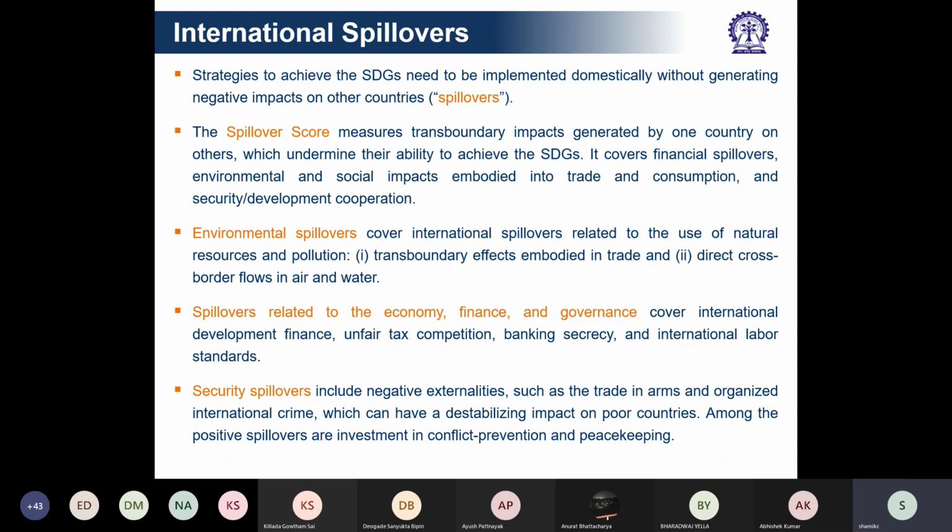Then economic spillover or financial spillover actually covers international development finance, unfair tax competition, banking secrecy, international labor standards, and so on. So there should be clarity about how tax is being levied on its citizens in each country. What is the rationale behind implementing those taxes to achieve SDGs?